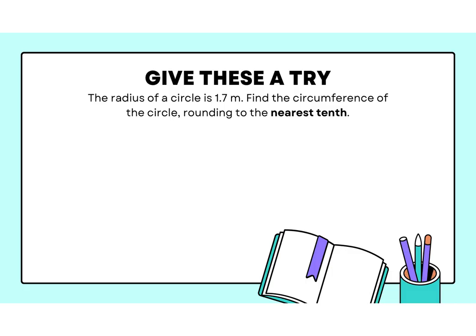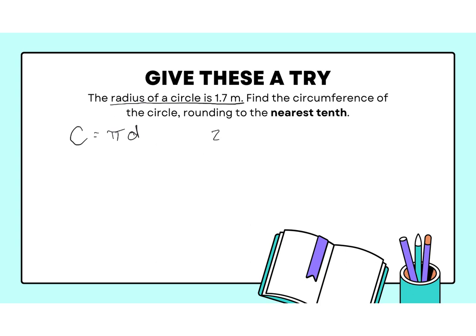This one we are asked to find the circumference, rounding to the nearest tenth. So right here, I've got the radius of a circle is 1.7 meters. For a circumference, that would be pi times the diameter, which I'm not given, but I know that 2 radiuses equals a diameter.